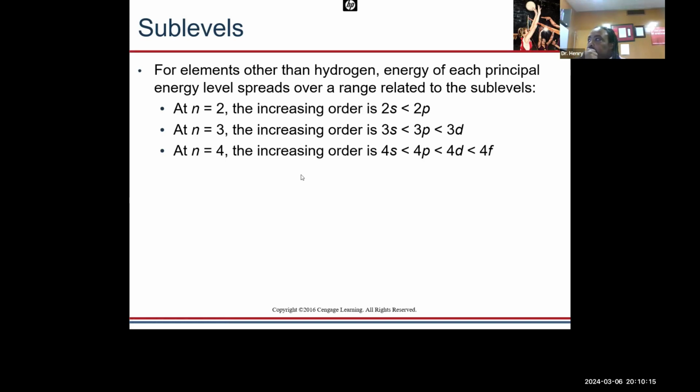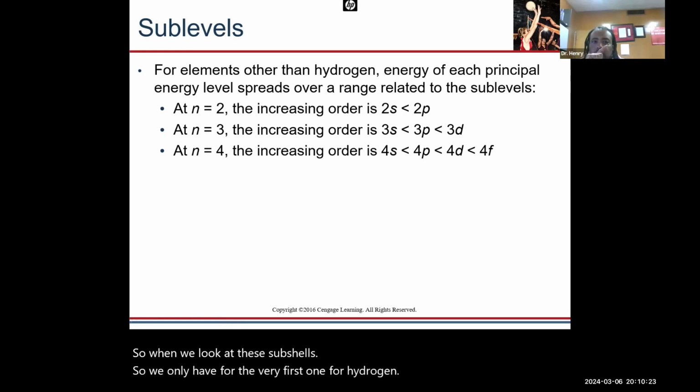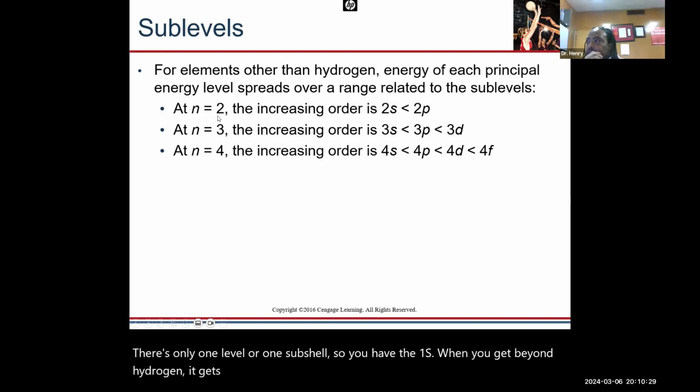So when we look at these subshells, for the very first one, for hydrogen, there's only one level or one subshell. So you have the 1s. When you get beyond hydrogen, it gets bigger. So then we have principal level 2, the second level.